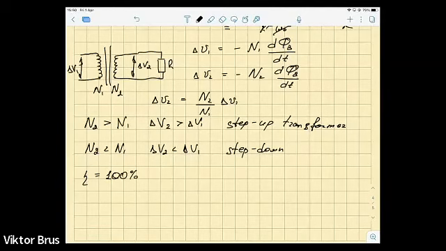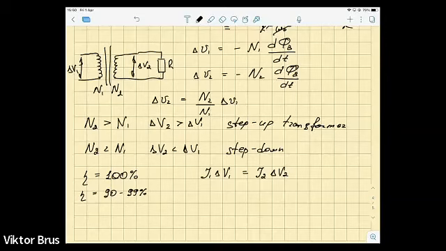That is not really true, that's the ideal case. So we can write I1 times delta V1 should be equal to I2 times delta V2. Usually the efficiency of a transformer is something from 90 to 99%. This is quite an efficient device. So we don't have many losses there, but still losses are happening.